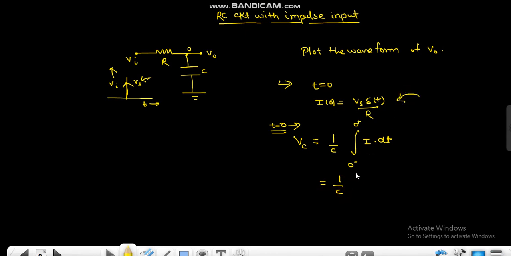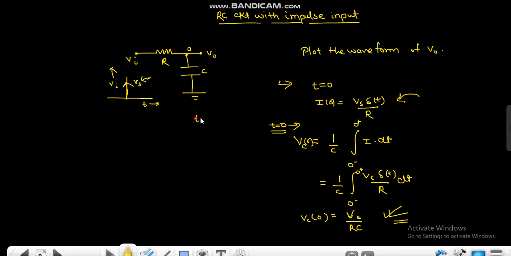Vs delta t by R, integrated from 0 minus to 0 plus with respect to dt. So what do you get? Vc at 0 is Vs by Rc. So this is the voltage at t equals to 0. So at t equals to 0, we are having Vs by Rc voltage.